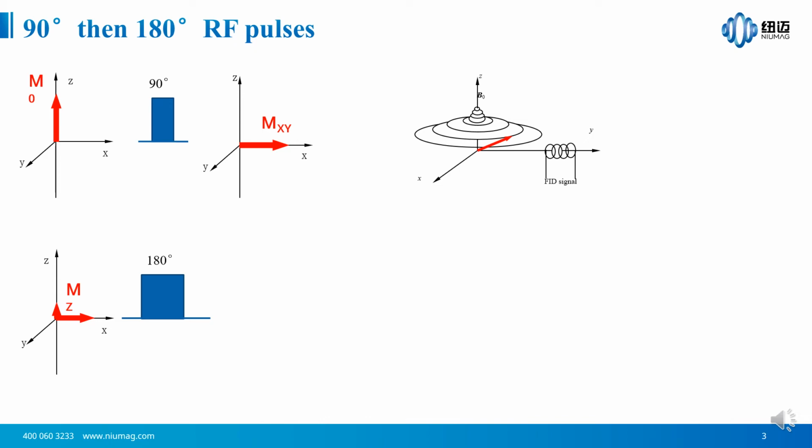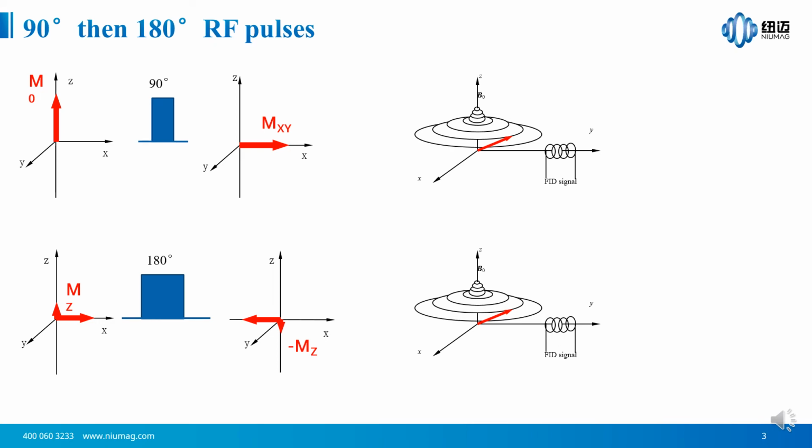The remaining transverse magnetization vector will also be deflected 180 degrees to the x-axis. At this point, we can detect the NMR signal. If the detection timing is right, an echo signal will be detected. The time sequence of this pulse corresponds to our spin echo sequence.